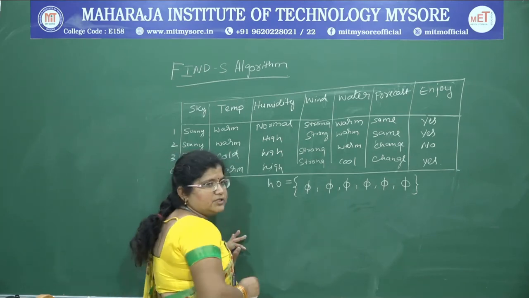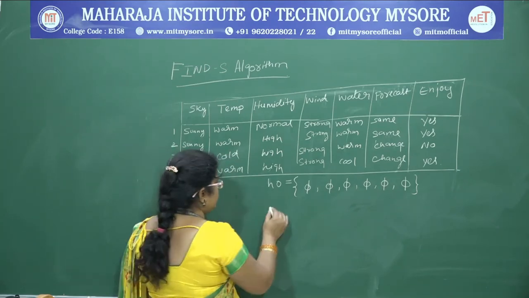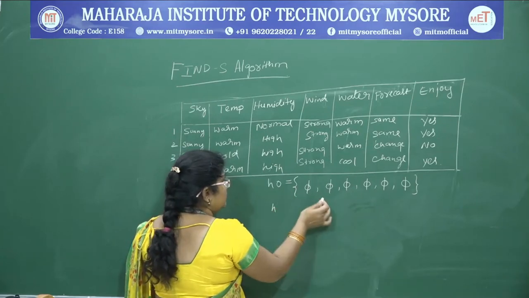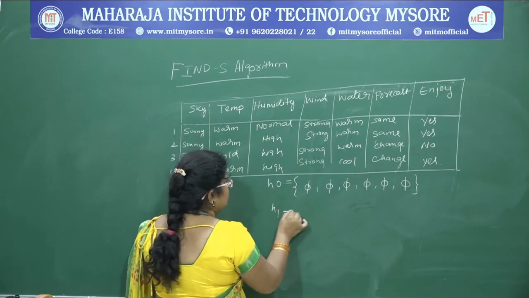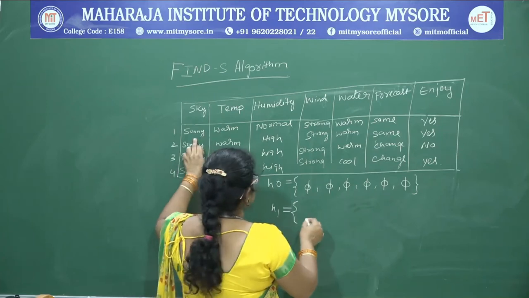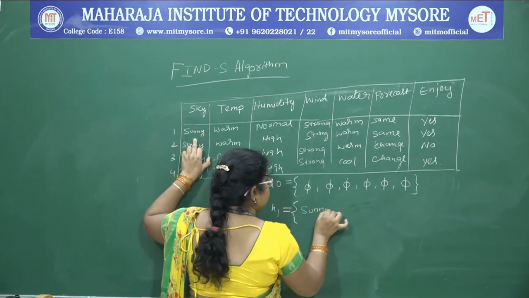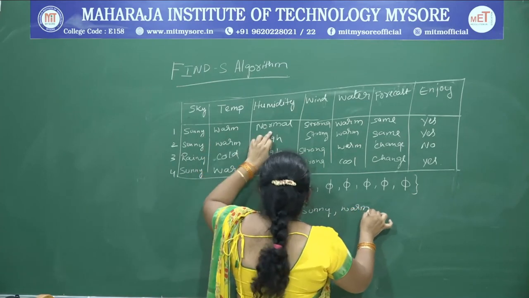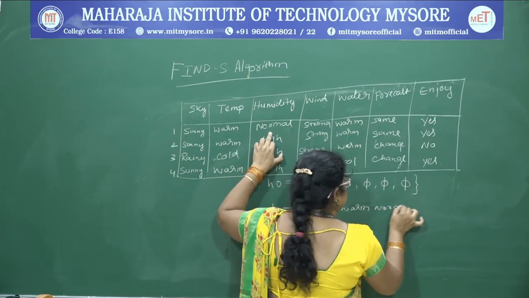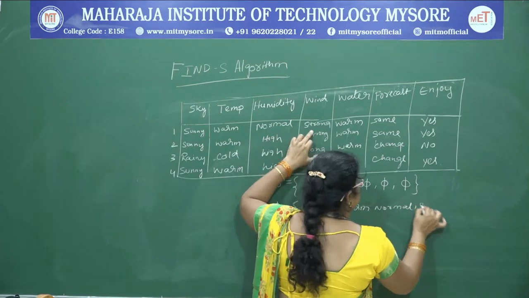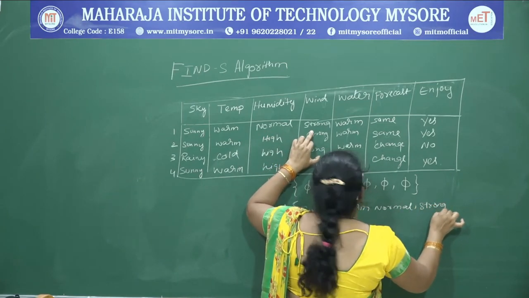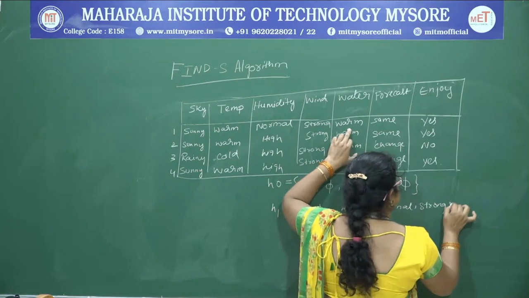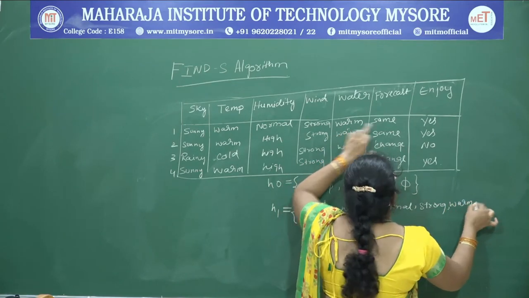So now the hypothesis is changing from more specific to maximally specific hypothesis. H0 will be replaced by H1, which is equal to: first one is sunny, warm, next normal, next is strong, next is warm, next is same.